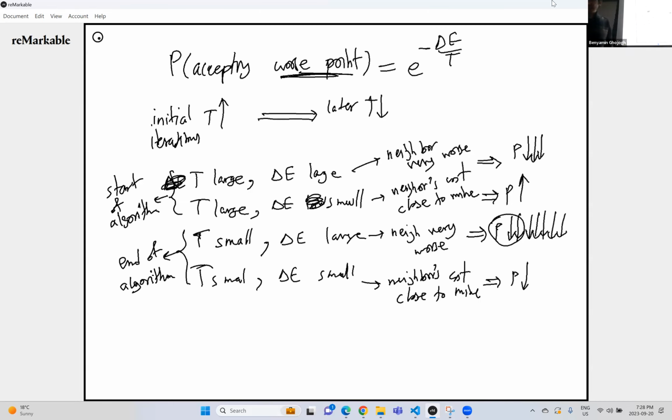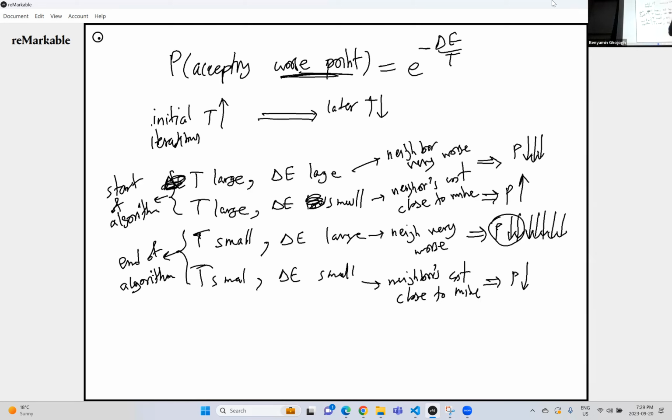Let's start with the end of the algorithm. What happens at the end of the algorithm? If my neighbor is much worse, of course I shouldn't accept that.